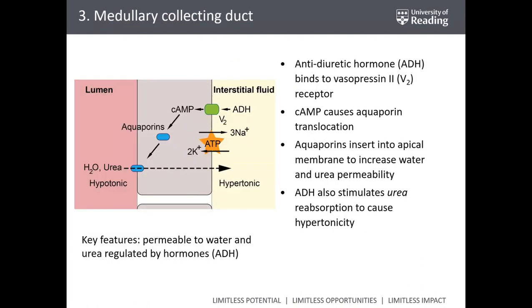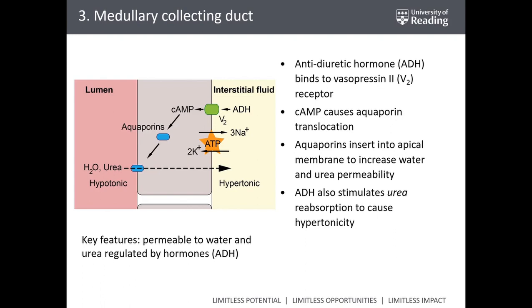So how does that work? We already mentioned that, but we will talk about it in more detail. When ADH is produced, ADH binds the V2, the vasopressin 2 receptors, on the basolateral membrane of the epithelial cells in the collecting duct.